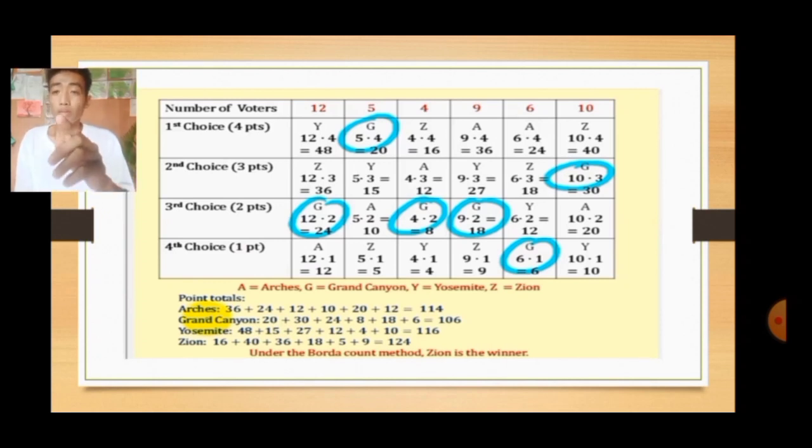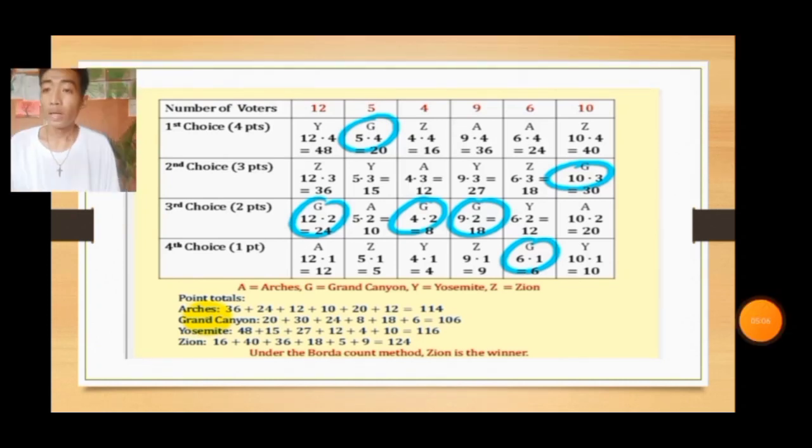For Grand Canyon, the first choice gets 4 points, the second choice gets 3 points, the third choice gets 2 points, and the fourth choice gets 1 point.